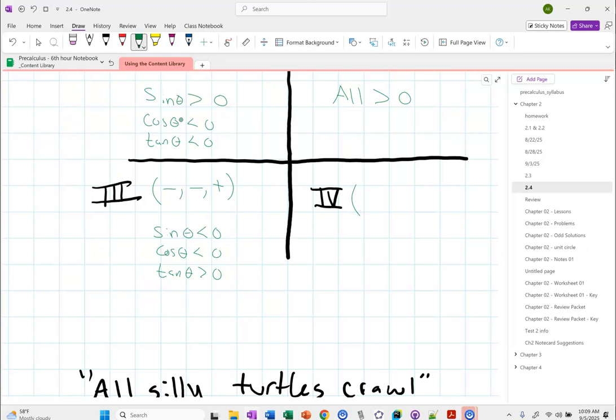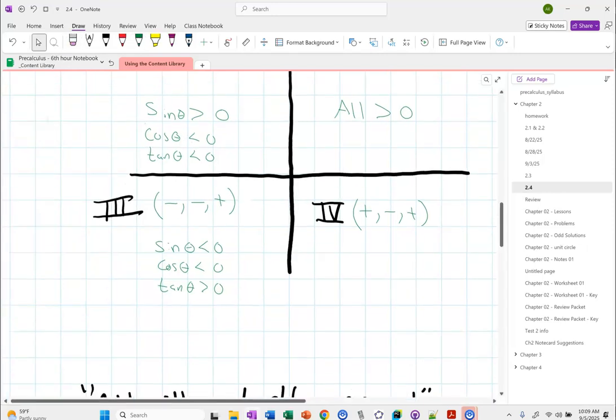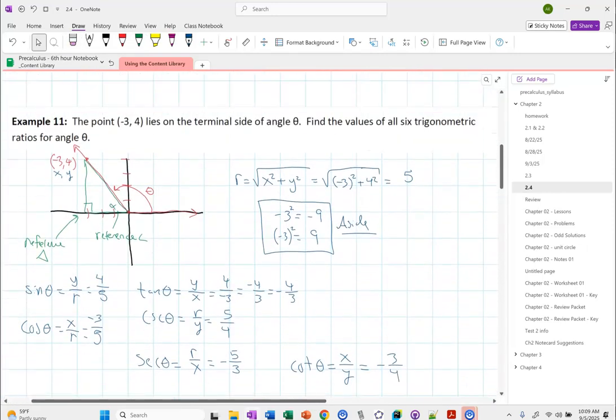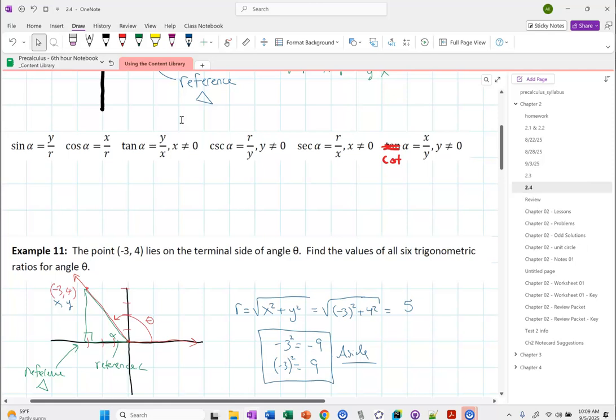And in quadrant 4, x is positive, y is negative, and r, again, always positive, is a length. So if I scroll back up and look at my trig functions, y is the only negative. So I have negative over positive, so sine's negative. Positive over positive, cosine's positive. Negative over positive, tangent's negative. Everybody feel good?